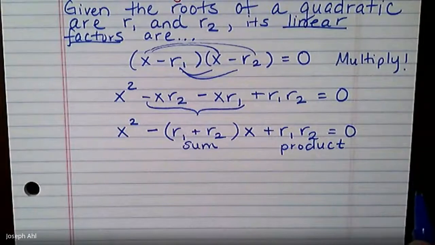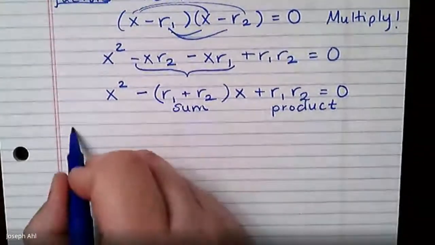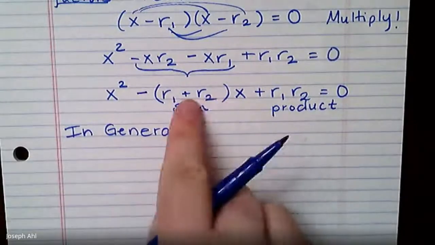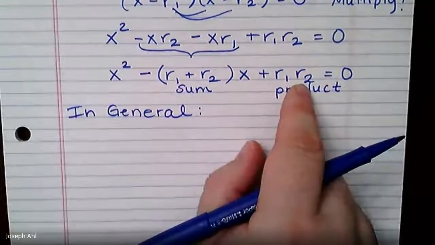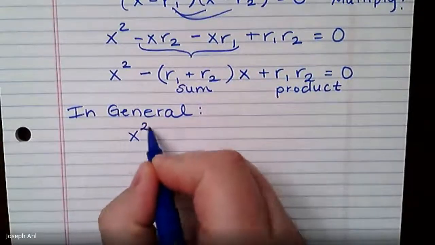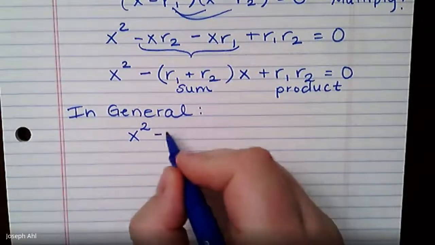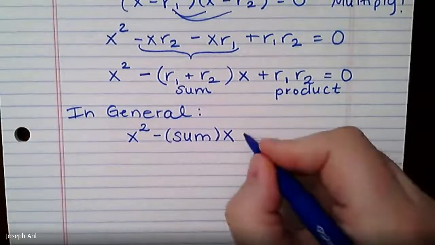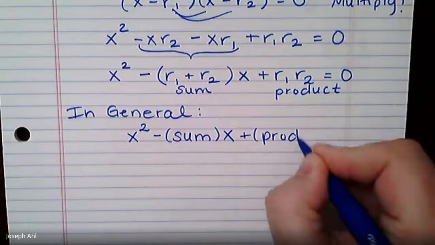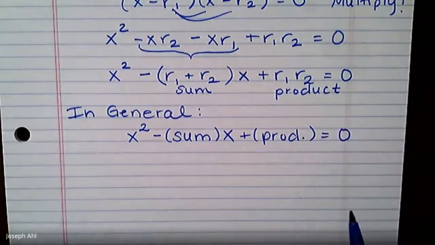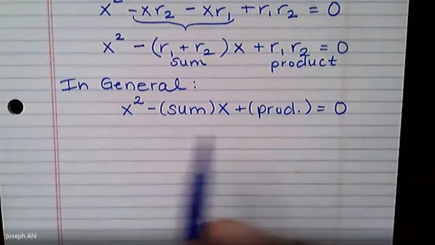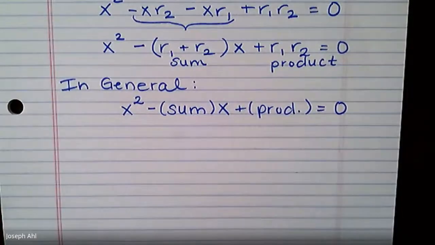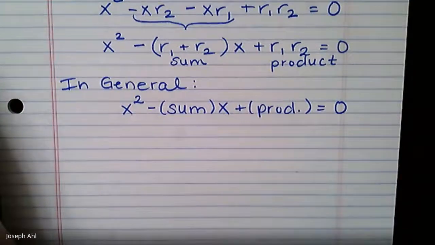So in general, a quadratic equation can be determined based on the sum and the product of its roots. We can write this as x squared, minus the sum of the roots times x, plus the product of the roots equals 0. That's pretty great, because that means if I gave you the roots, we can generate the equation of that quadratic really easily.